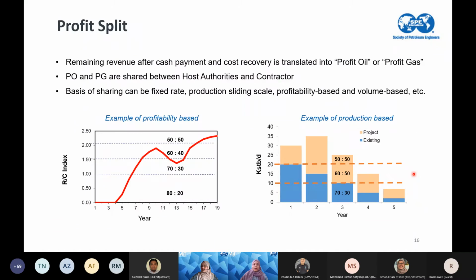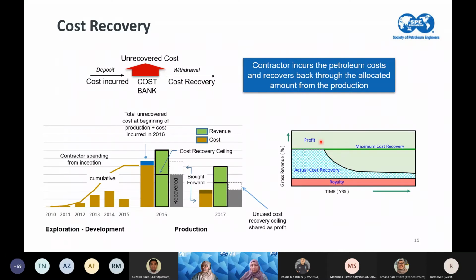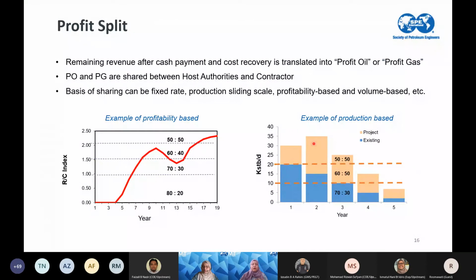Okay, profit split. We talk about this part here. You see this thing called profit? How do you split this profit between the host authorities and contractor? In an R/C PSC, the profit split is determined by the R/C index.